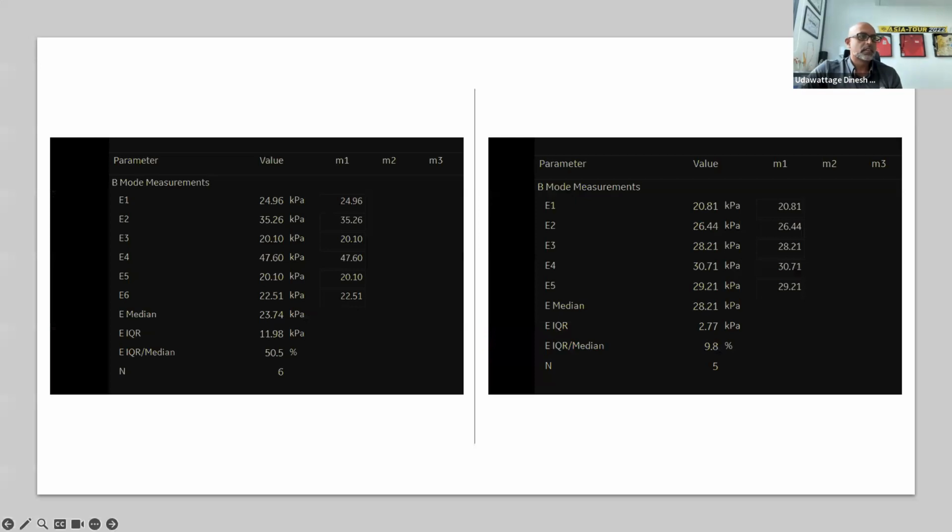And so one of the things that we look at is this is the median reading for the elastography, and basically as the muscle recovers, it gets closer and closer to the non-injured side, and we can use that as a surrogate measure of the healing as well.